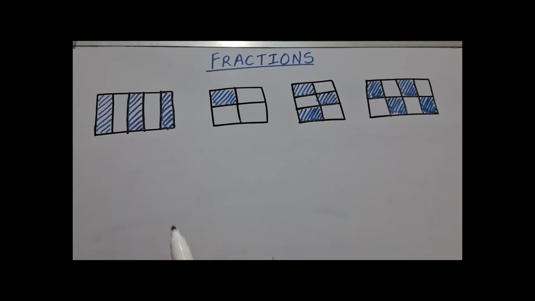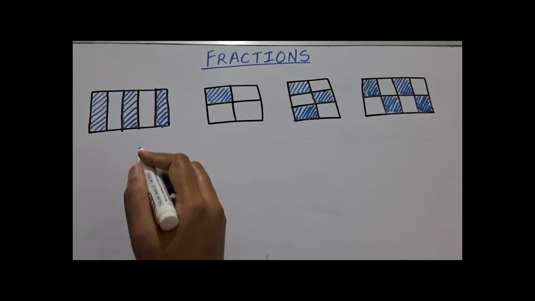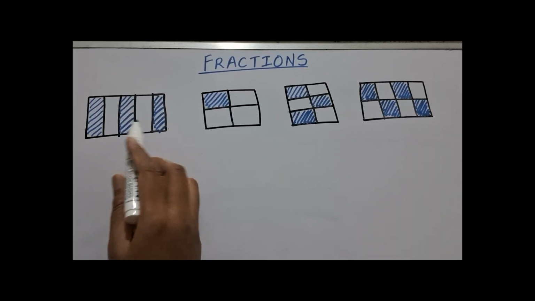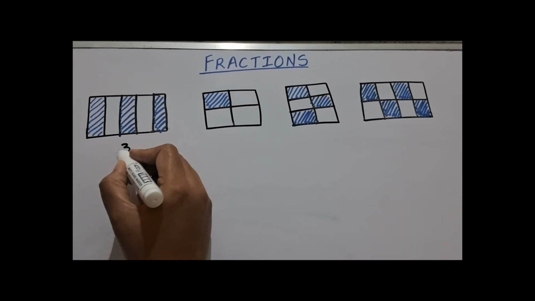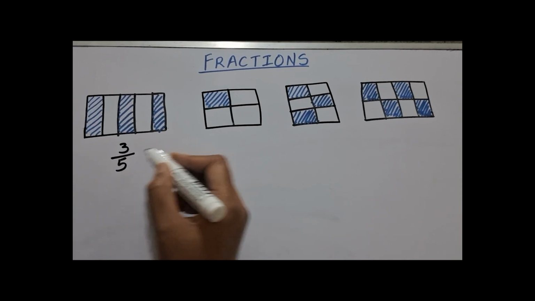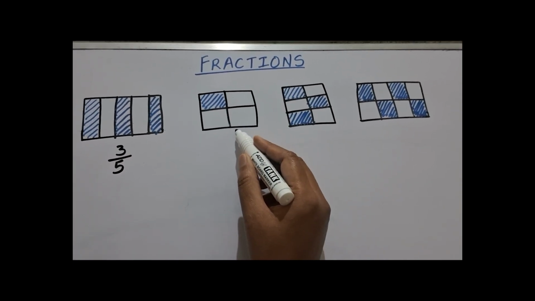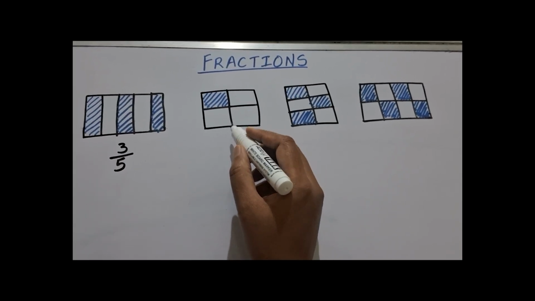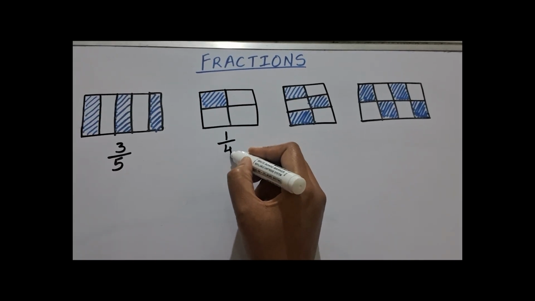Now let us find the shaded parts of these figures, children. Here the whole is divided into 5 equal parts and 3 parts are shaded. So the shaded part fraction will be 3 by 5. And this figure is divided into 4 equal parts and only 1 part is shaded, so the fraction is 1 by 4.